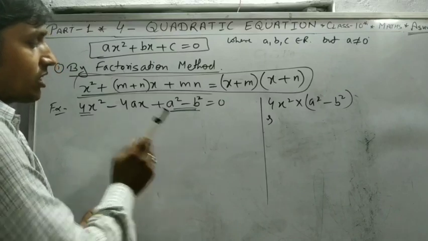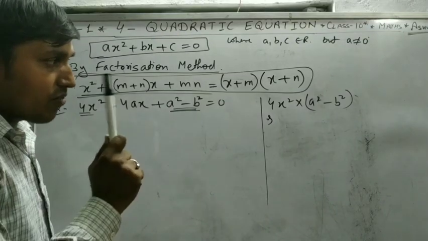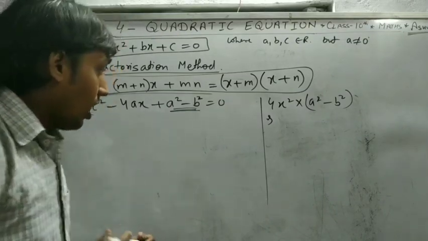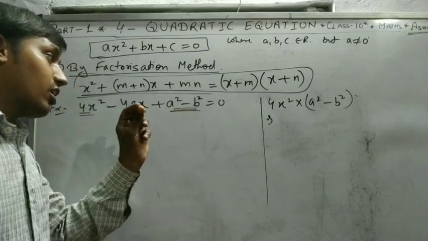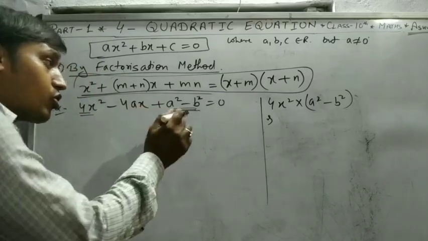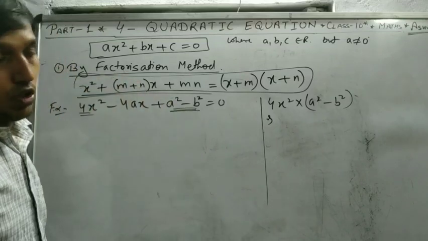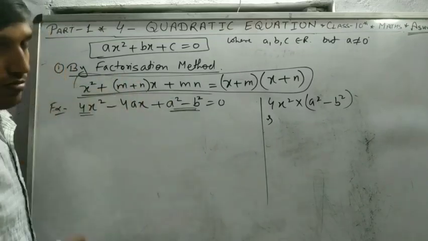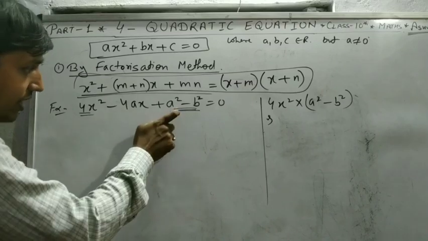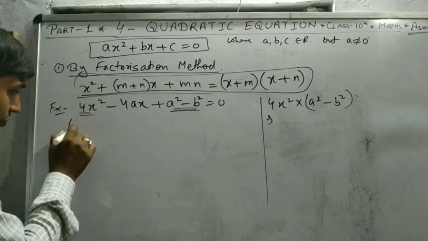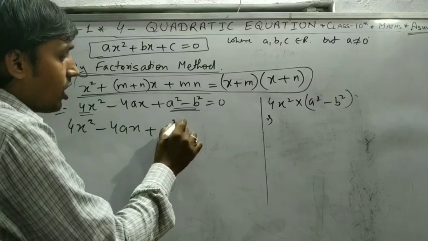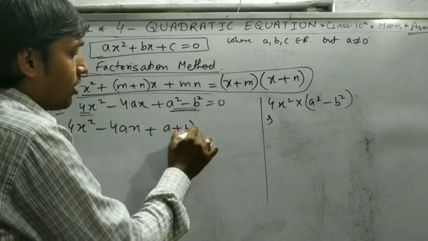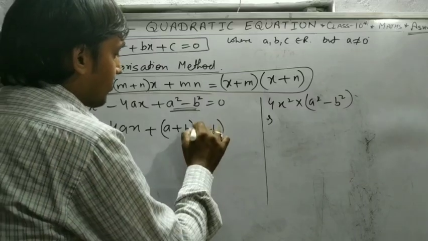So, why do we take this question? Explaining one thing: if c is already in the way that it is also factorized, first you factorize the c term. What do you write here? 4x square minus 4ax plus a plus b, a minus b.